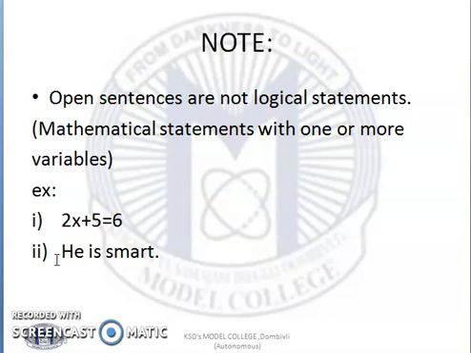That means the truth value varies from person to person. In these sentences, the truth value depends upon the situation. Such sentences are called open sentences, and an open sentence is not a statement. You can collect various examples for that and check.